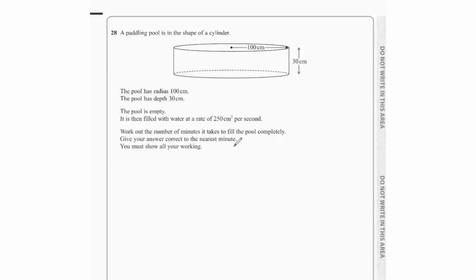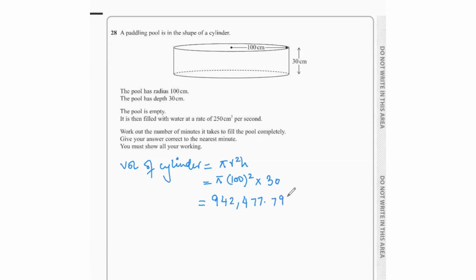So to fill it completely, what we need to do is find the volume first. So the volume of a cylinder is pi r squared h. That's pi times the radius, which is 100 squared, times your depth or height, which is 30. So this gives us a value of 942,477.796 centimeter cube.